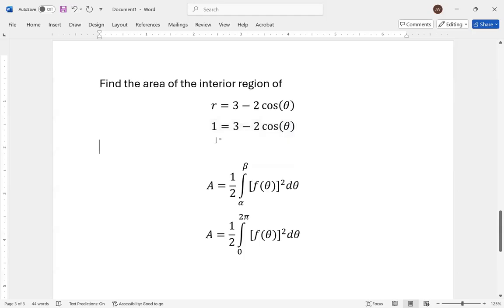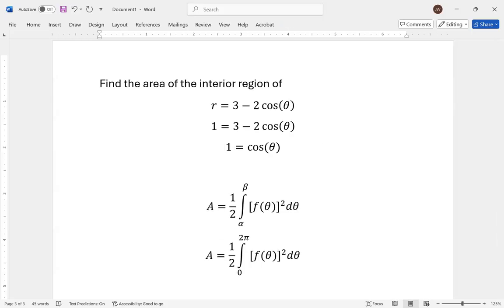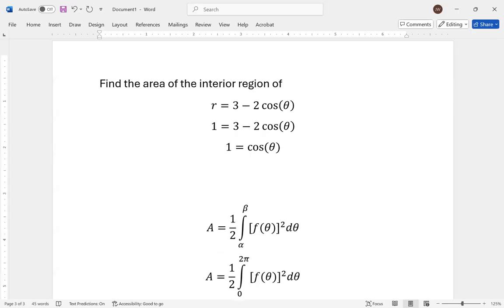Subtract 3 from both sides, you'd get -2 equals -2 times cosine of theta. Dividing by -2, you'd get cosine of theta is equal to 1. That is a positive 1. And then you'd say, well, what values of theta give me a cosine of theta that would be 1? And pretty obvious, theta would have to be an even multiple of pi.